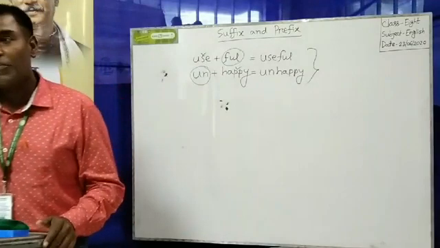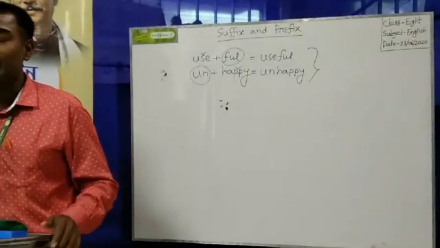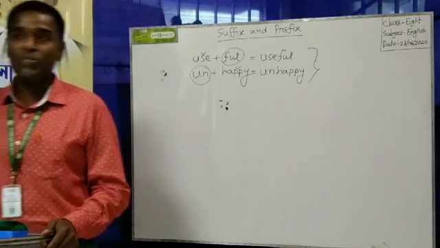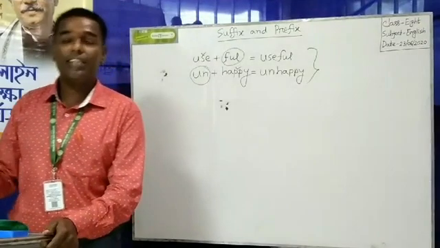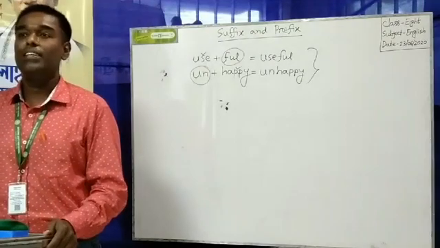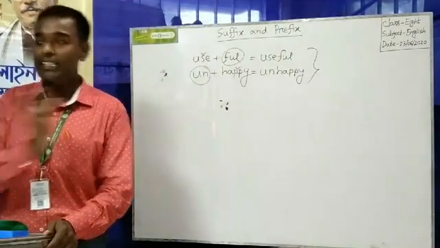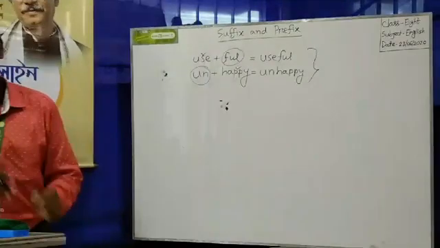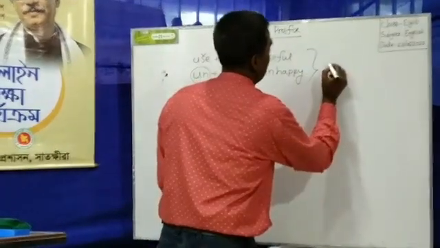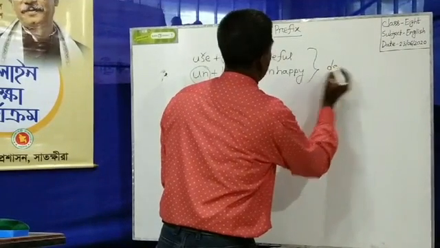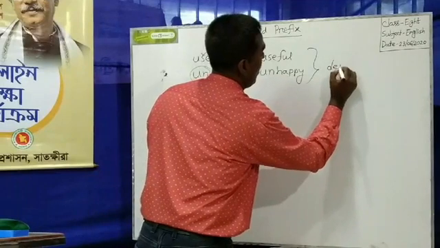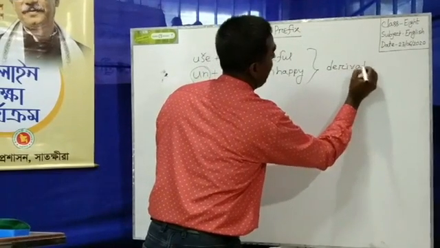It's a new item for grade 8, but for the students of class 9 and 10, it is quite easy. You can easily answer this question. Yes, this is derivatives. Here, useful and unhappy are called derivatives.